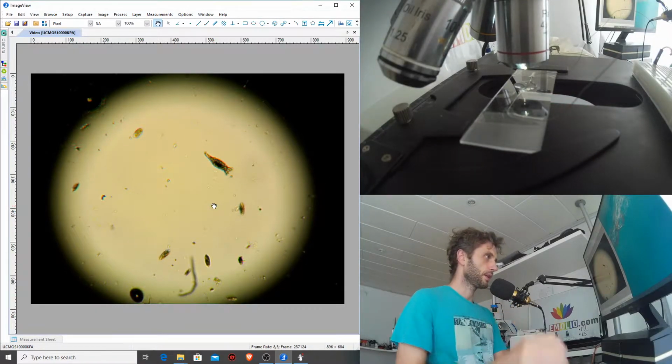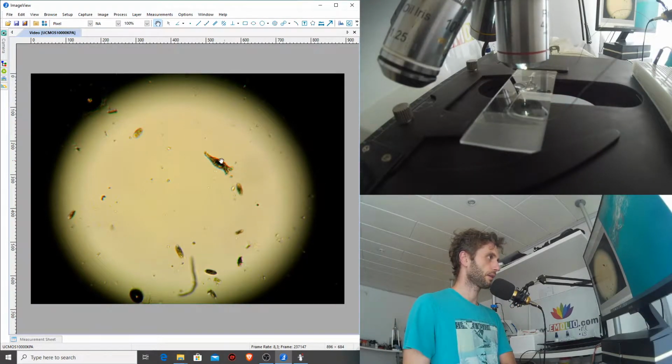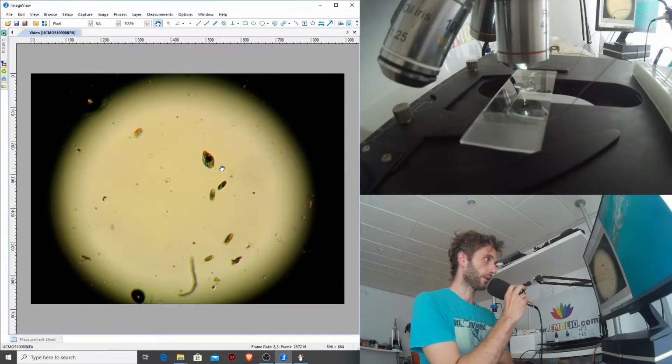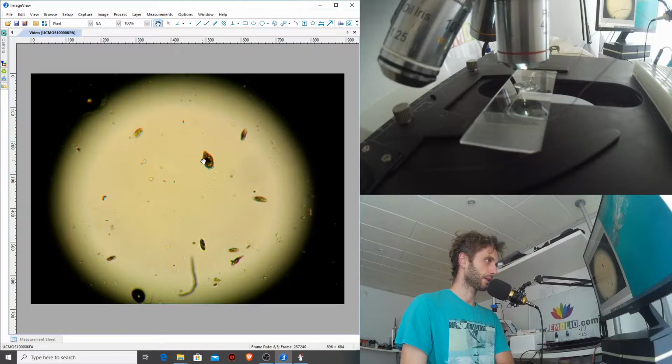We also see here some other type of microorganism, or maybe that is the adult one, but I think that's something else. I can see that that microorganism is having trouble with that frequency. The other ones are just swimming.